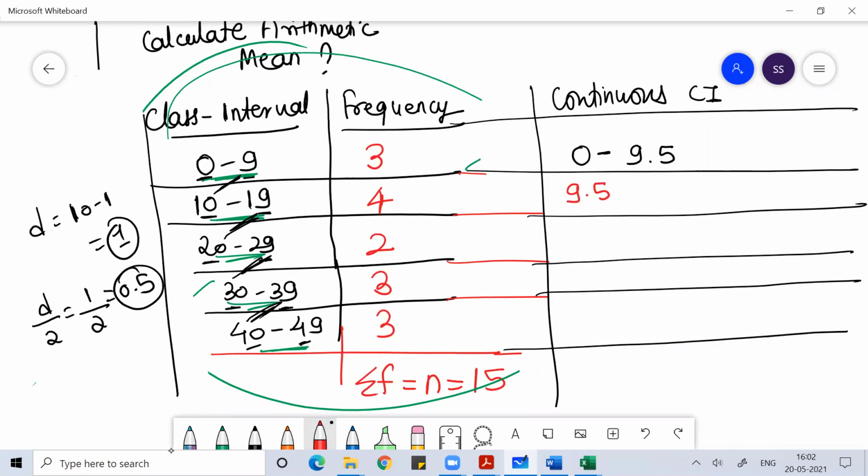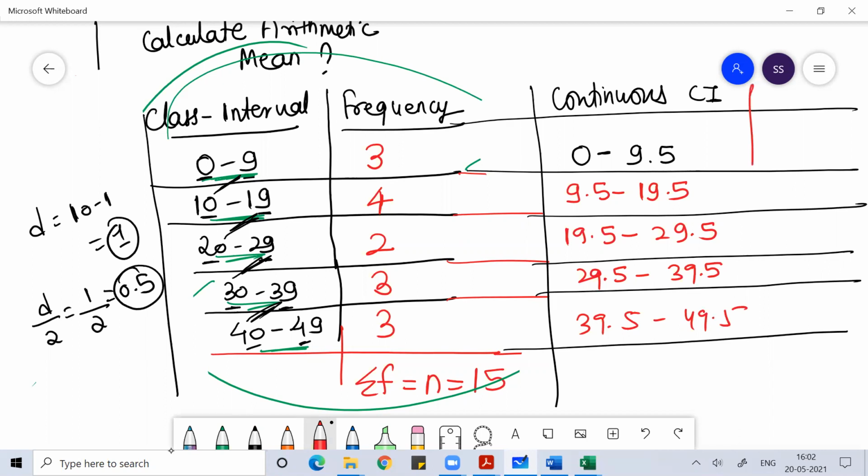You will get 9.5 to 19.5, 19.5 to 29.5, 29.5 to 39.5, 39.5 to 49.5. So make the class interval continuous in nature. If your class interval is discrete, make it continuous.